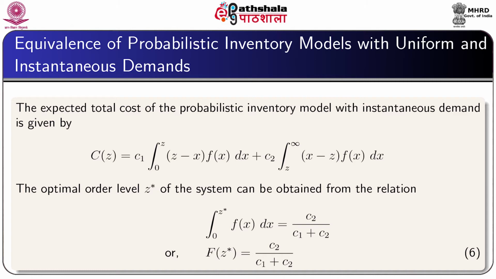From this expected cost function, we can find the optimum order level z star of the system by satisfying the relation integral 0 to z star f(x) dx equal to C2 by C1 plus C2, and this gives F(z star) equal to C2 by C1 plus C2, where F is the cumulative distribution function.